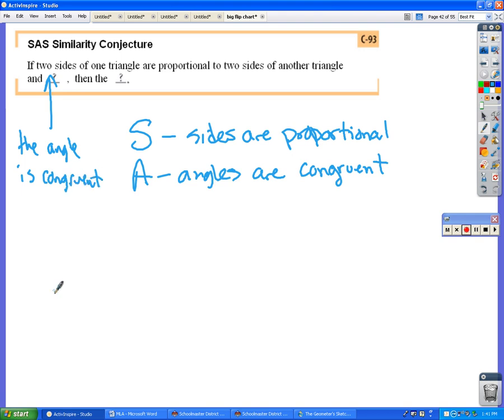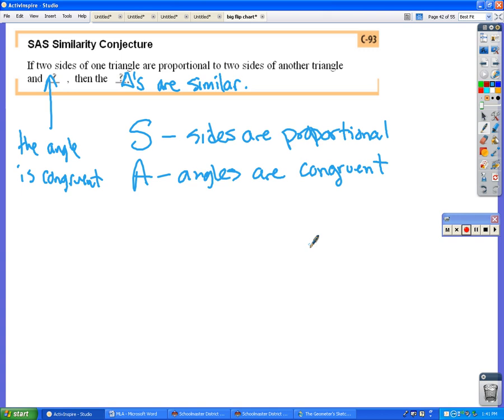Then the, good, triangles are similar. All right? And it turns out that just like in the congruency thing, side side angle also does not work, and the reason for that is because if they don't even have to be congruent, then they're not going to be similar.